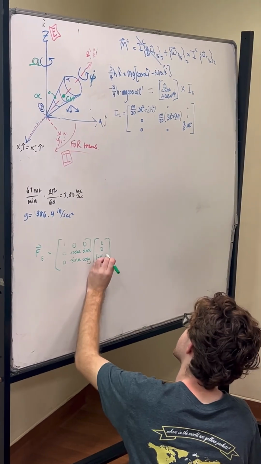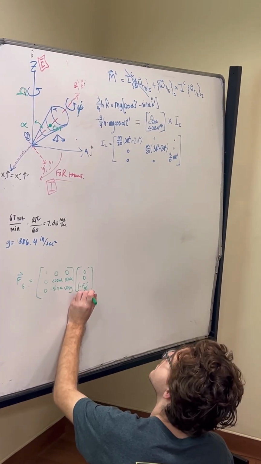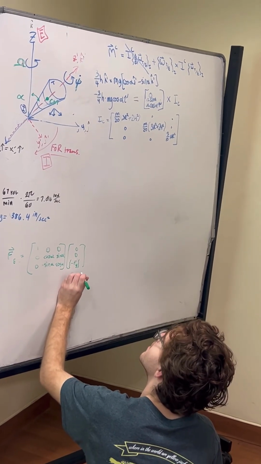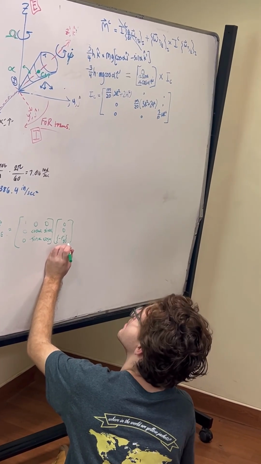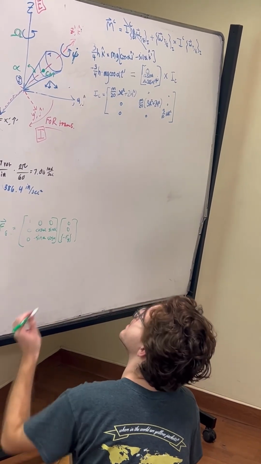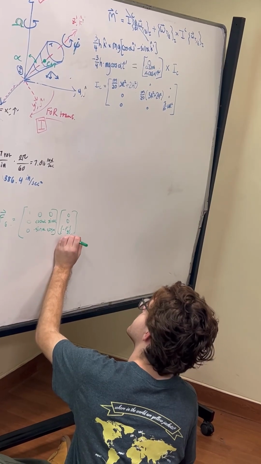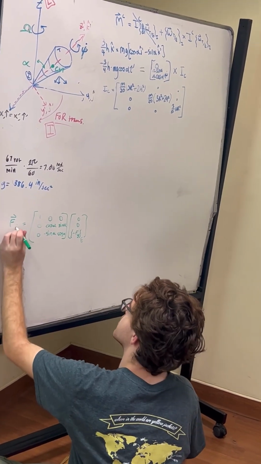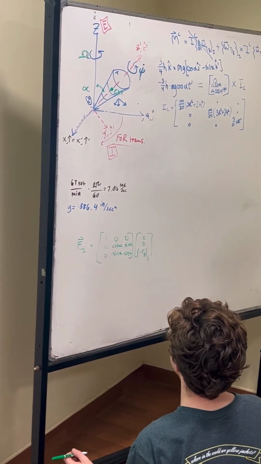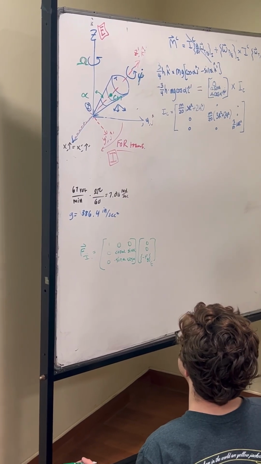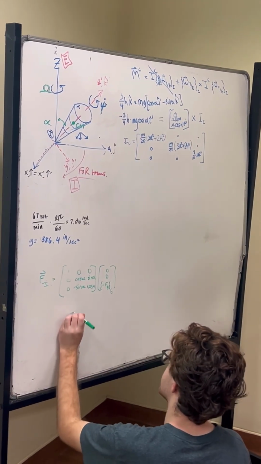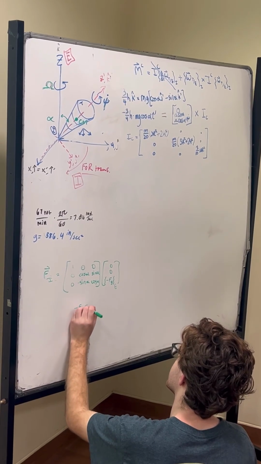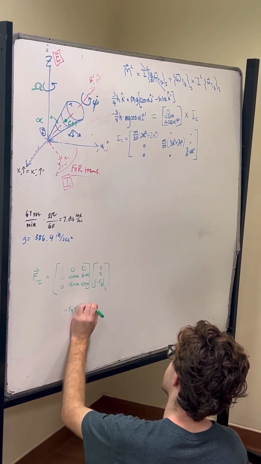Just switching j hat and k hat. I think that's probably what it ends up being. But we'll see. And then this is in the intermediate frame. So we end up with minus f sine theta and alpha.